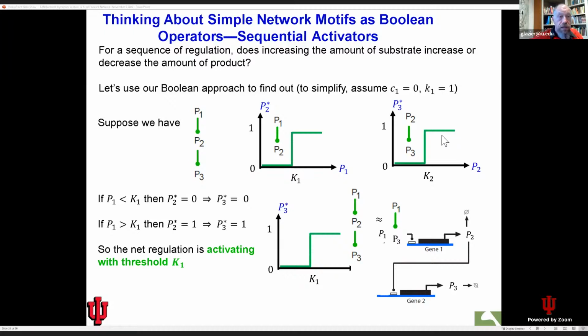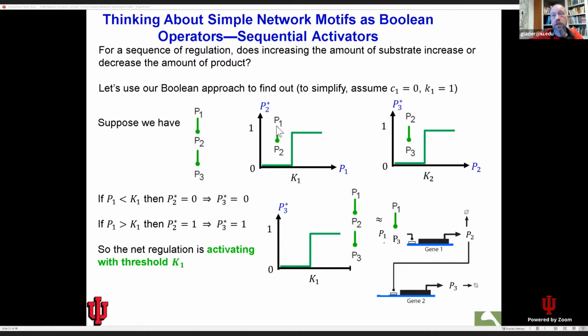And so the net effect is you might as well just have said P1 activates P3, because if P1 activates P2 and then P2 activates P3, the final fixed points are the same. The temporal behavior will be different. And here you could see what would happen with K1. Suppose that the output of P2 star were small.